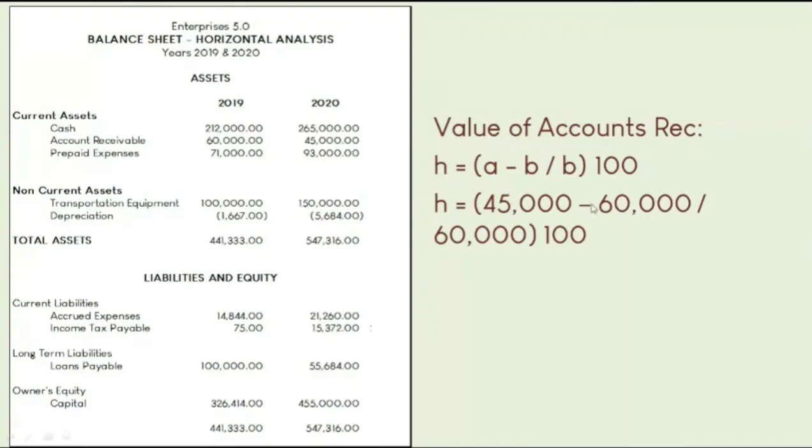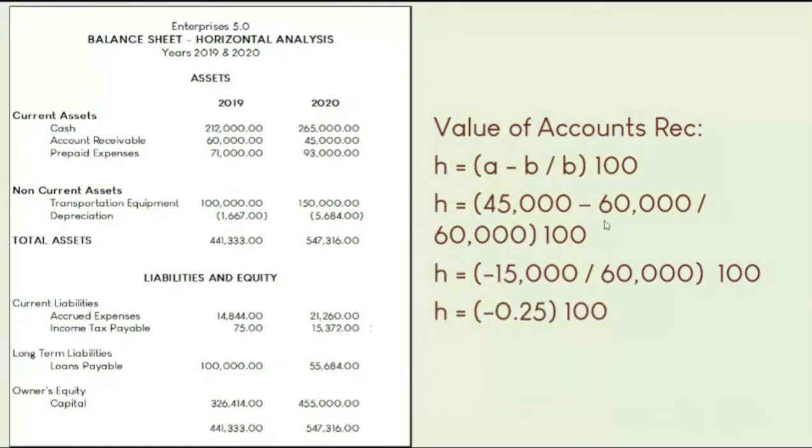So 45,000 minus 60,000 is negative 15,000. Negative 15,000 divided by 60,000 is negative 0.25. Negative 0.25 times 100 is negative 25%. So that is the value for the accounts receivable.